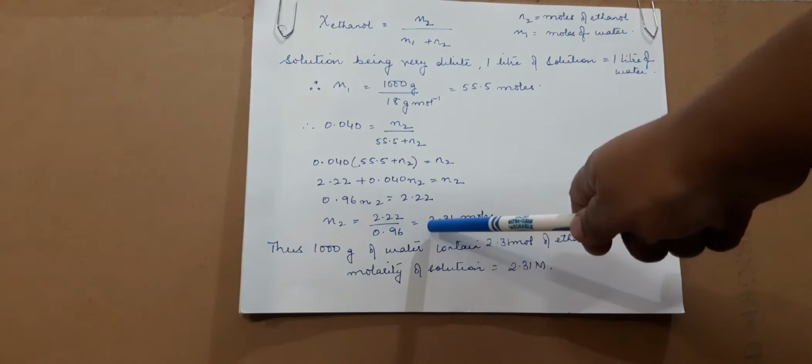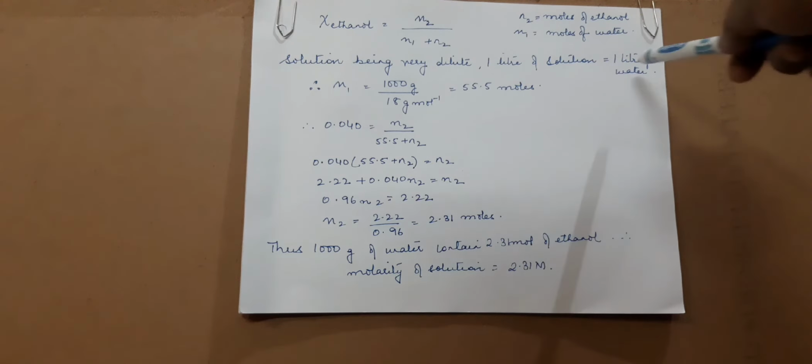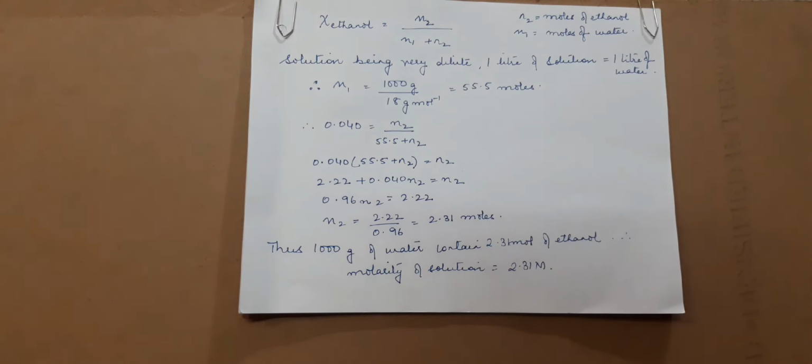N2 is equal to 2.31 moles. So that means 1000 ml of water contains 2.31 moles of ethanol. So what is its molarity? 2.31. Okay, so that is the second question.